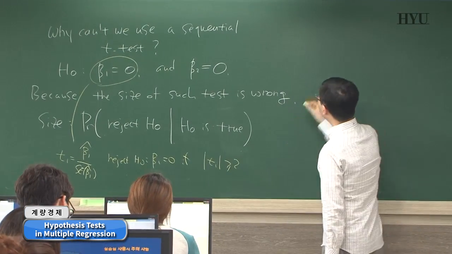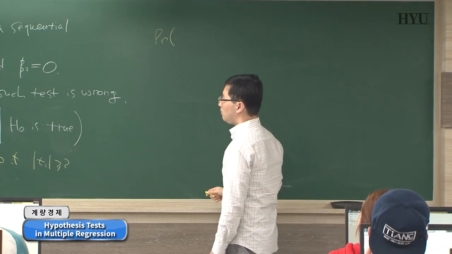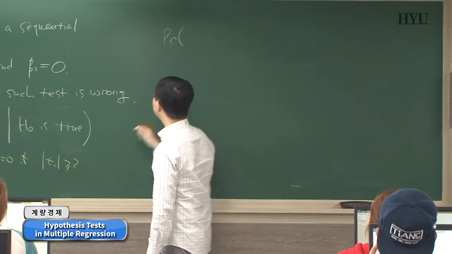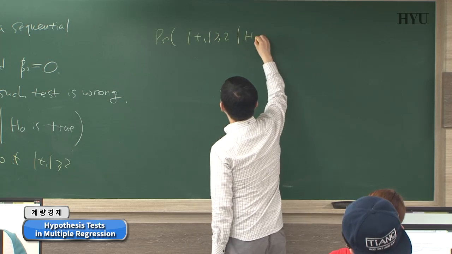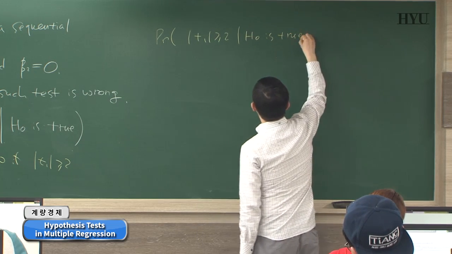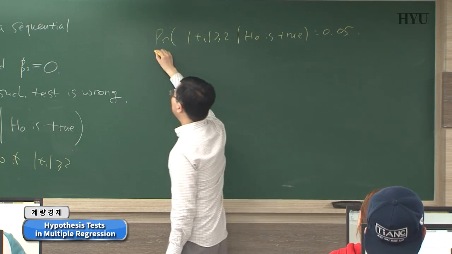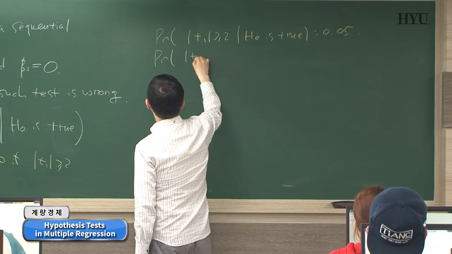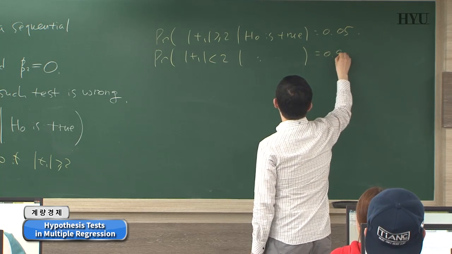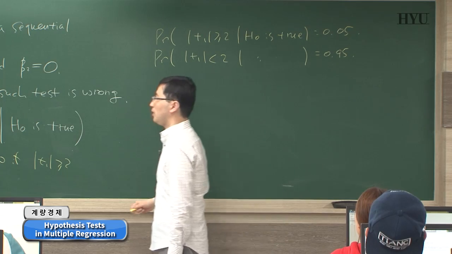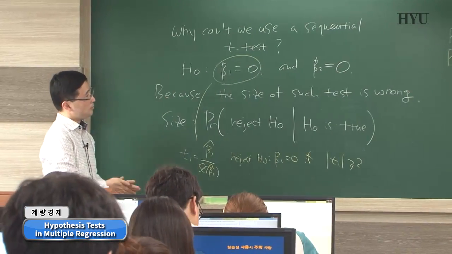It means that the probability of rejecting the null, with t bigger than 2, if the null is true, is about 0.05, which means the probability of not rejecting the null is 0.95. So that's the first part in this sequential t-test.